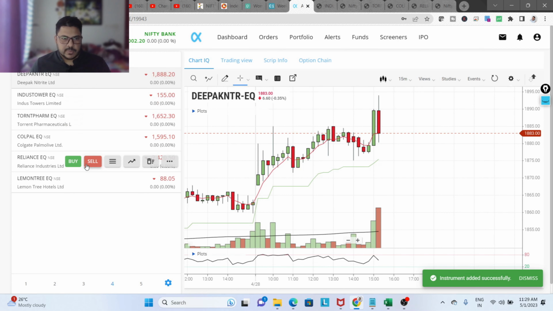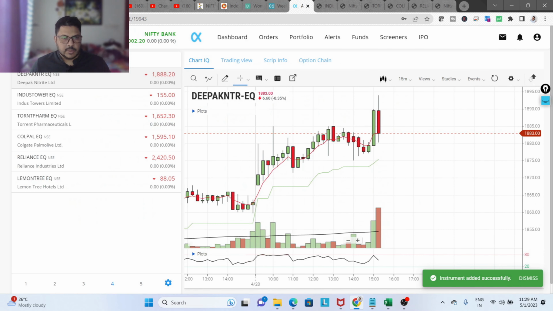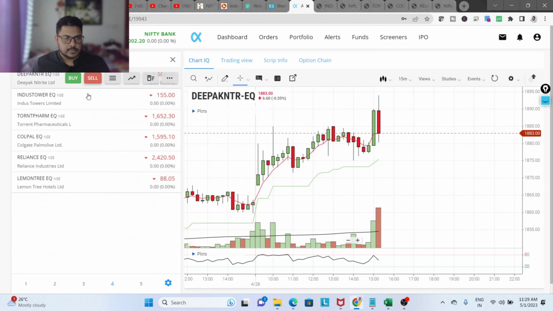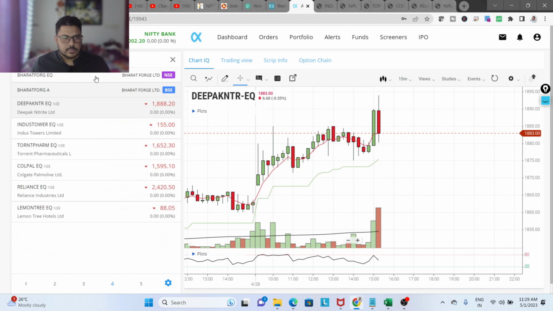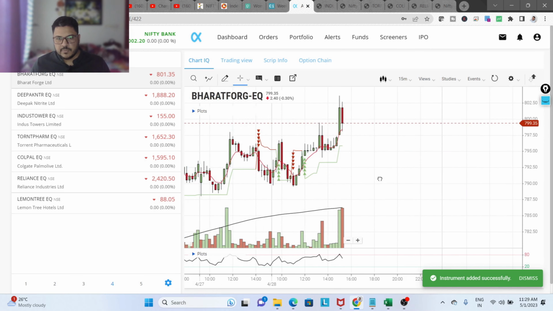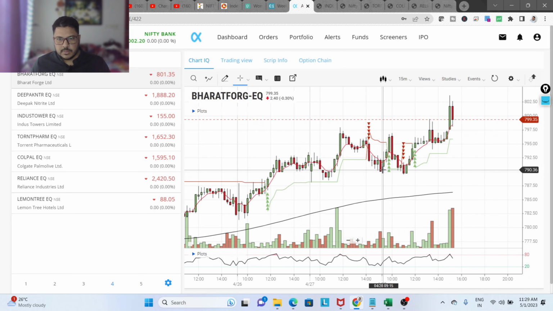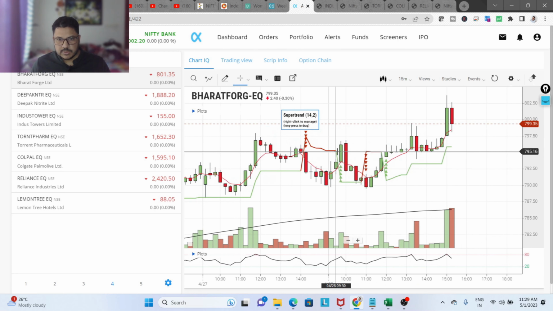For example, let's look at one more stock, Bharat Forge, on a 15-minute time frame. This is your first candle. See, the first candle was not giving an entry.